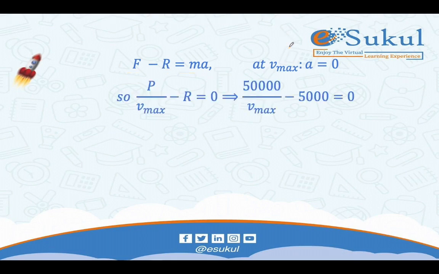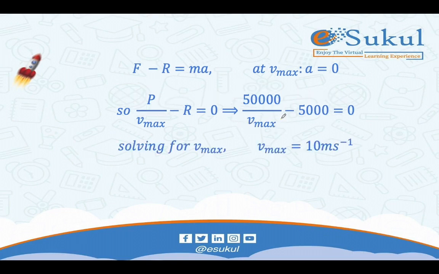So as a new equation, we have P over V max minus R equals 0. Collecting our data, power was 15 kilowatts, so we have 15,000 watts over V max, our resistance was 5,000. Having our simplification done, we can have V max as 10 meters per second. That's for A. So that will give us the maximum speed of our car.